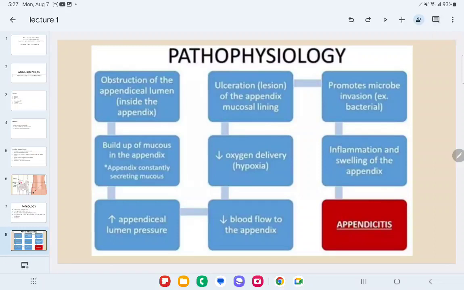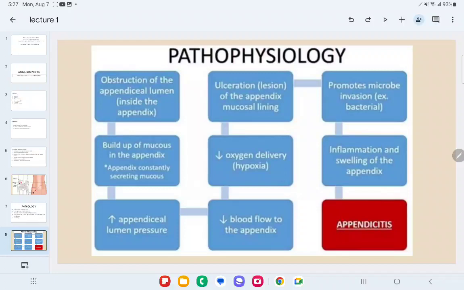As we said, it is either obstructive or non-obstructive. In the obstructive type, which is the commonest type of acute appendicitis, the obstruction of the appendiceal lumen can occur due to many causes, either hypertrophy of the lymphoid tissue due to viral or bacterial infection, or it is blocked by a worm such as Oxyuris vermicularis, which is present in children.